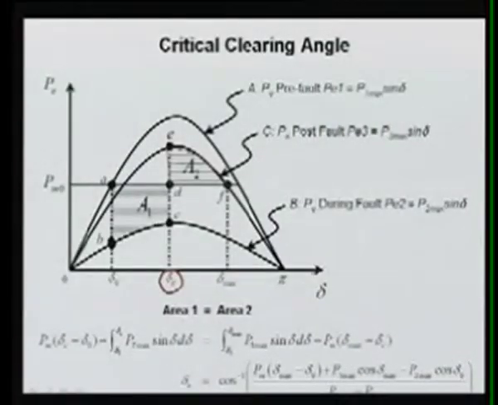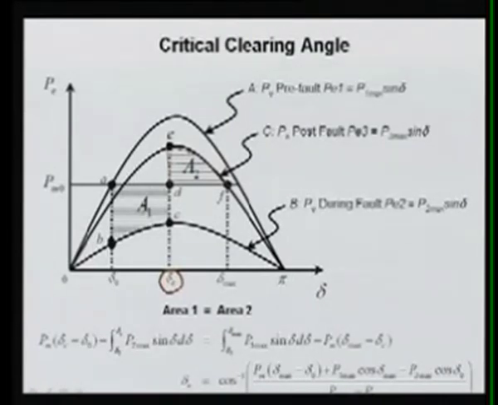We need to know this critical clearing time because we have to plan our system, including protective devices such as relays as well as circuit breakers, that must clear the fault if any fault occurs before this angle, and we can also calculate the time. So this delta C is the deadline. Less than that, the fault must be removed, otherwise this generator will become unstable.